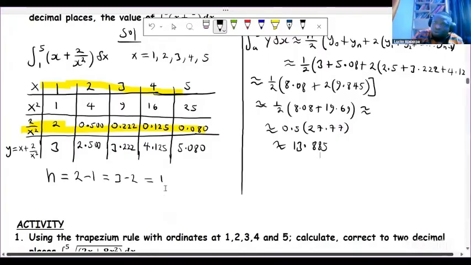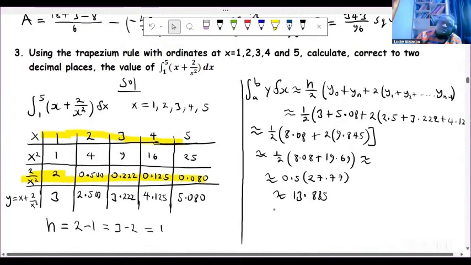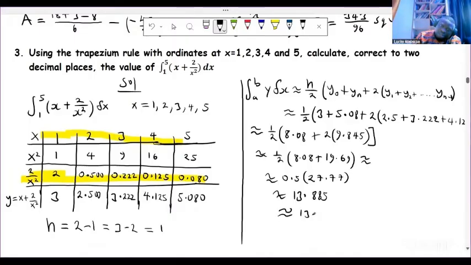Now, we were told to leave our answer to 2 decimal places. So this is 13.89 to 2 decimal places. That is it.